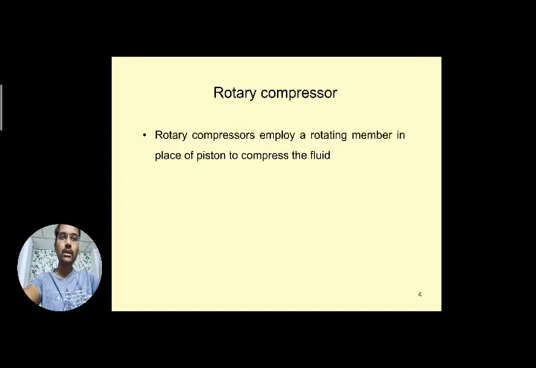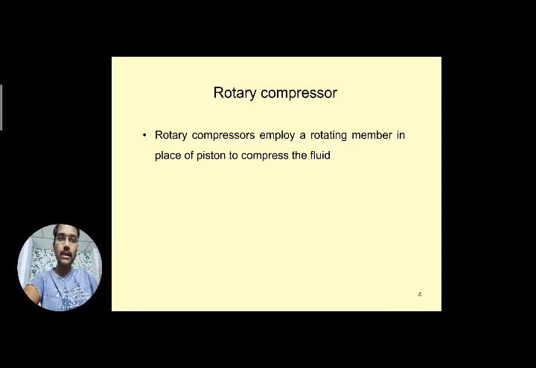Coming to the start of the topic, that is the rotary compressor. As in the previous case of the reciprocating compressor, the name itself indicates the components utilized. A piston and cylinder arrangement is there, where the piston is reciprocated, so to-and-fro motion is obtained by the piston in the cylinder, and the name is given like that.